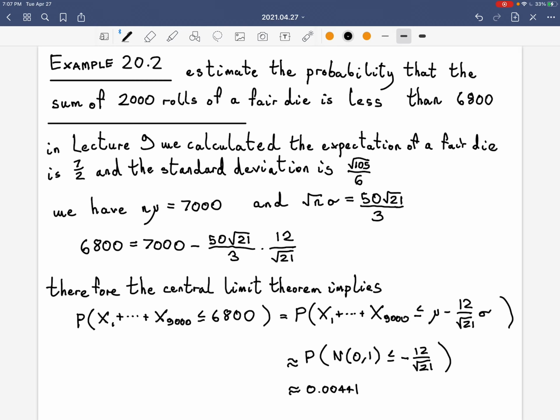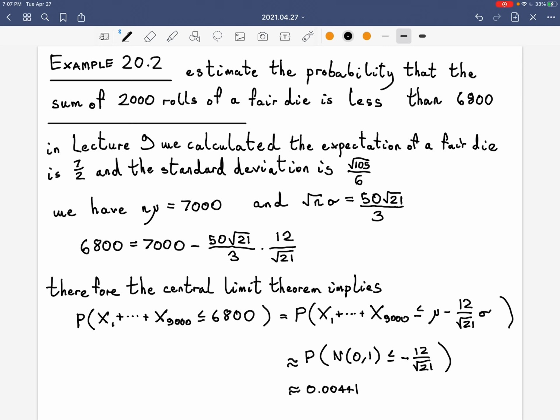And so we have in lecture 9, where we first introduced expectation and variance, one of the first calculations we did was to see the expectation and variance of a fair die. So we can see the expectation of a fair die is 7 over 2. And the standard deviation is root 105 over 6.